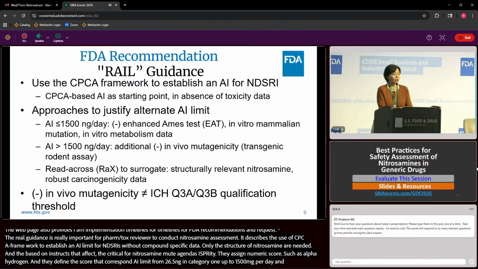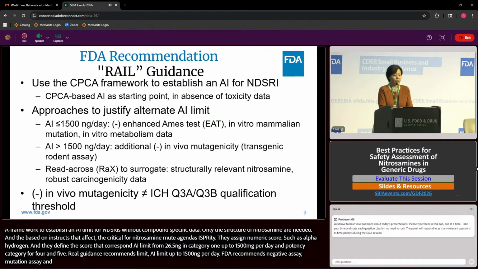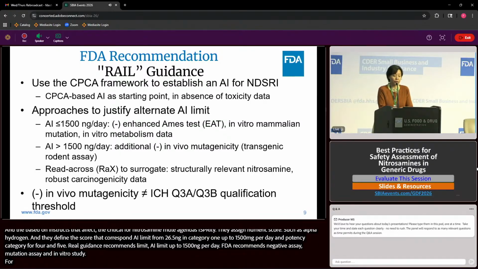The NDSRI guidance also recommends approaches to justify an alternate AI limit. For an AI limit up to 1,500 nanograms per day, FDA recommends a negative enhanced Ames assay, an in vitro mammalian mutation assay, and an in vitro metabolism study. For an AI limit above 1,500 nanograms per day, an additional negative in vivo mutagenicity assay using a transgenic rodent model is recommended.